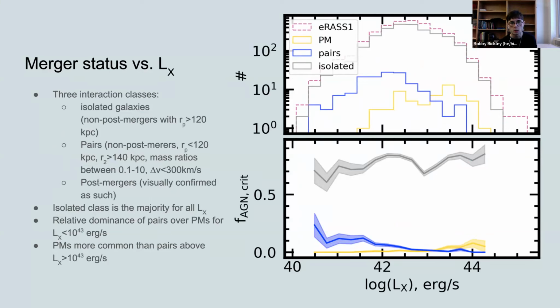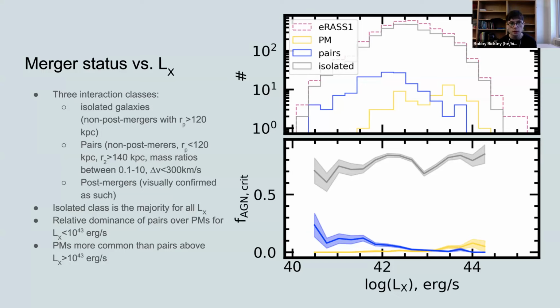And what I'm able to find in this sample is that the isolated class, and this could be a selection effect, I think selection effects are definitely part of it, but our isolated class is effectively in the majority for all X-ray luminosities. So we're either not successfully identifying them as interacting or post-mergers, or they are truly isolated.